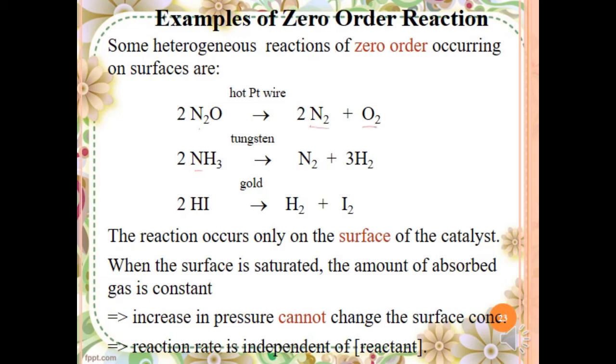Another one is ammonia on the surface of tungsten, producing nitrogen and hydrogen. Another one is hydrogen iodide on the surface of gold, producing hydrogen and iodine. You note that the reaction here occurs on the surface of a catalyst. So these are the catalysts.